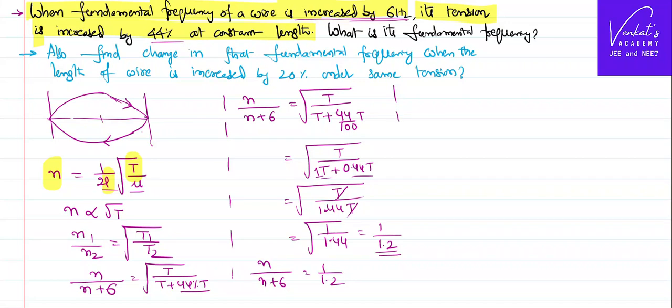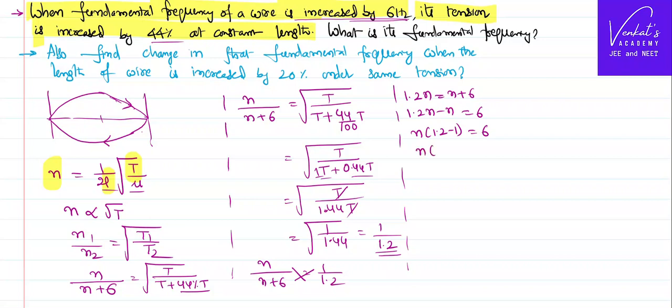If you cross multiply that, 1.2 times N equals N plus 6. 1.2 times N minus N equals 6. If I take N common, N into 1.2 minus 1 is equal to 6.